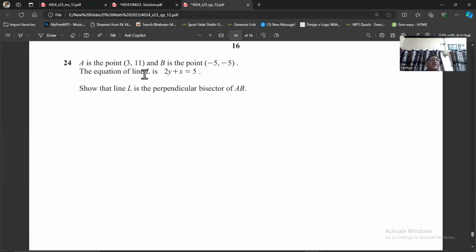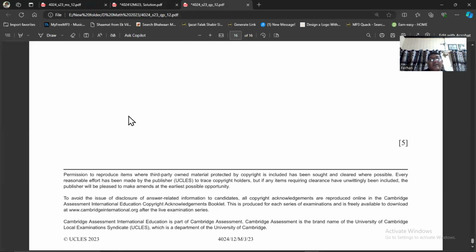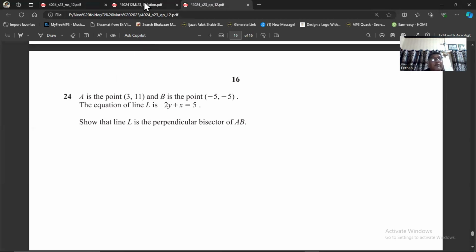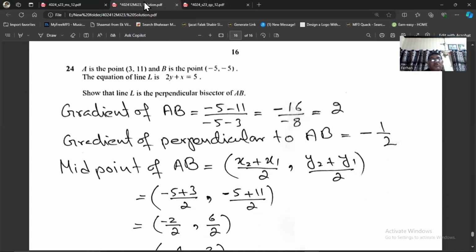First of all, I need to find the midpoint of AB, then the gradient of AB, then the gradient of the perpendicular to AB. Then by using the midpoint and the perpendicular gradient, I will find the equation of the perpendicular bisector. This question is 5 marks, very, very important, and the numbers are also huge.